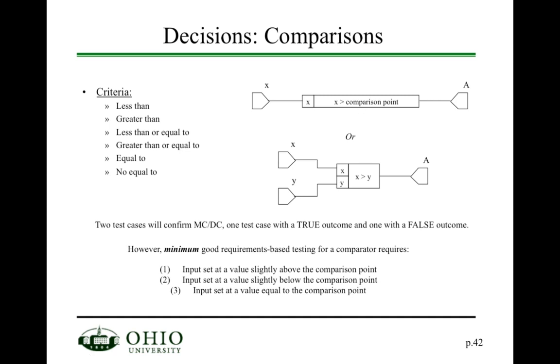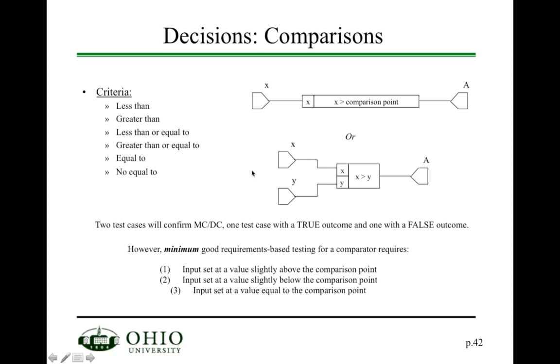Then what you need to do, and this includes less than, greater than, less or equal than, greater than or equal to, is set the input slightly above the comparison point, slightly below, and equal to the comparison point. So what you're really adding in this particular case is the robustness test cases.